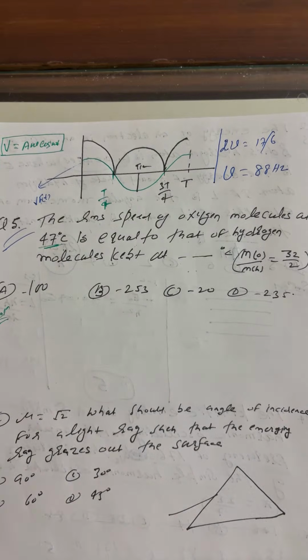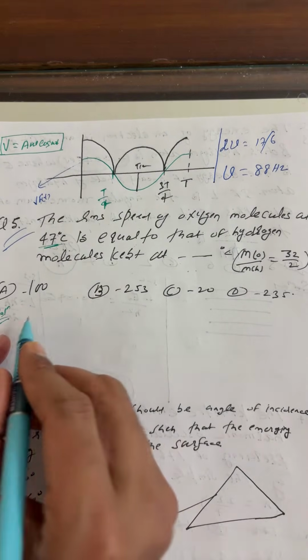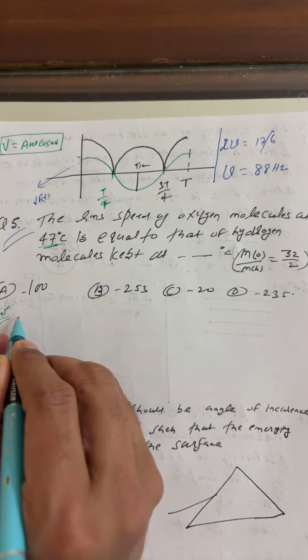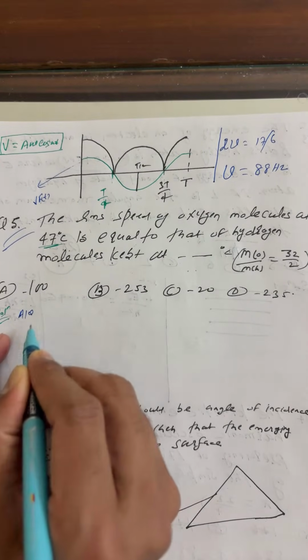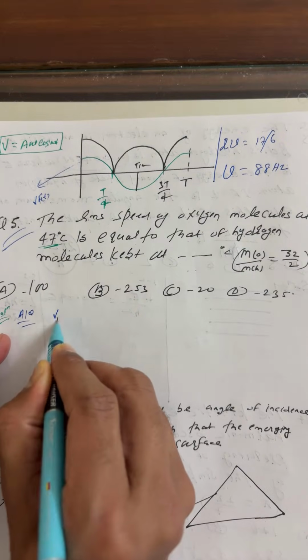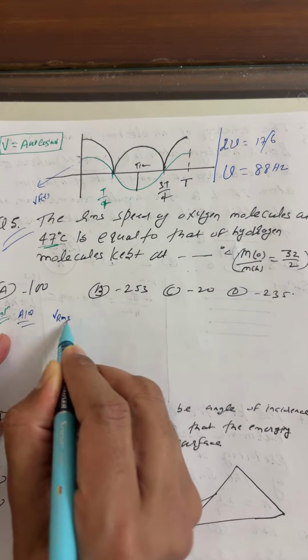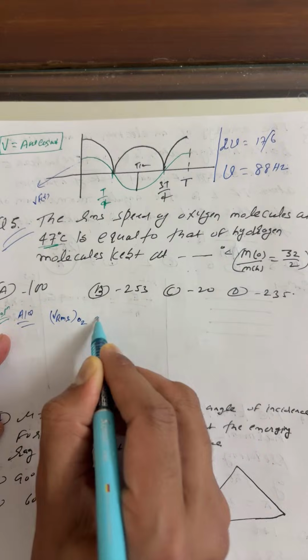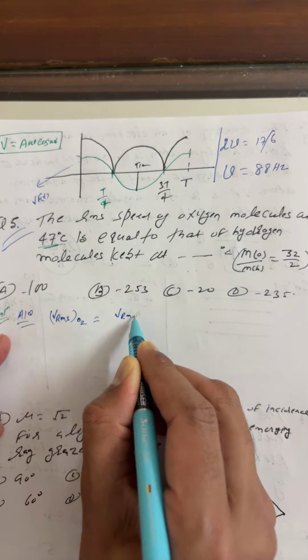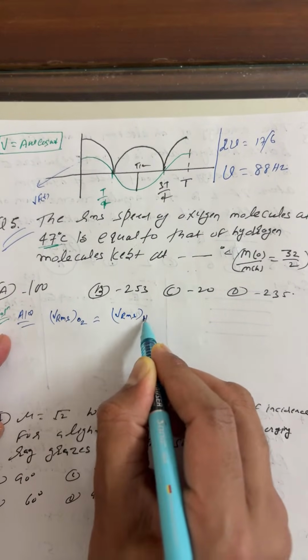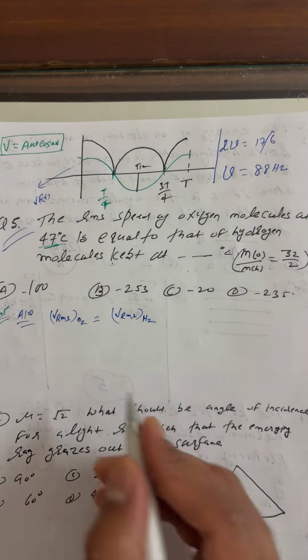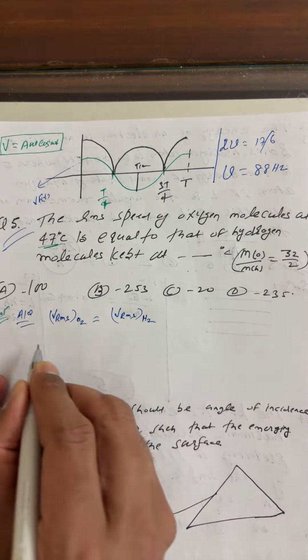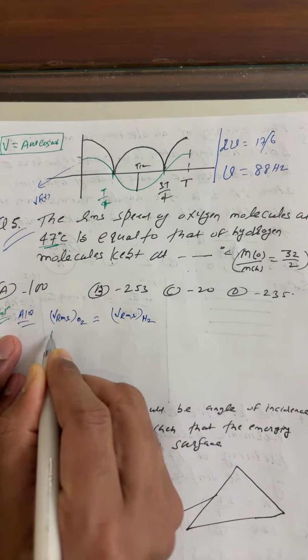Remember this question, you will definitely get it. According to the statement of the question, I can write V RMS of O2 is equal to V RMS of H2.